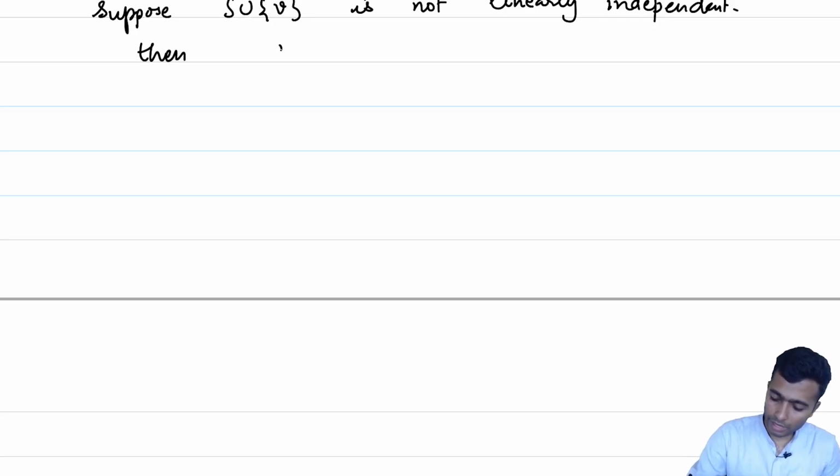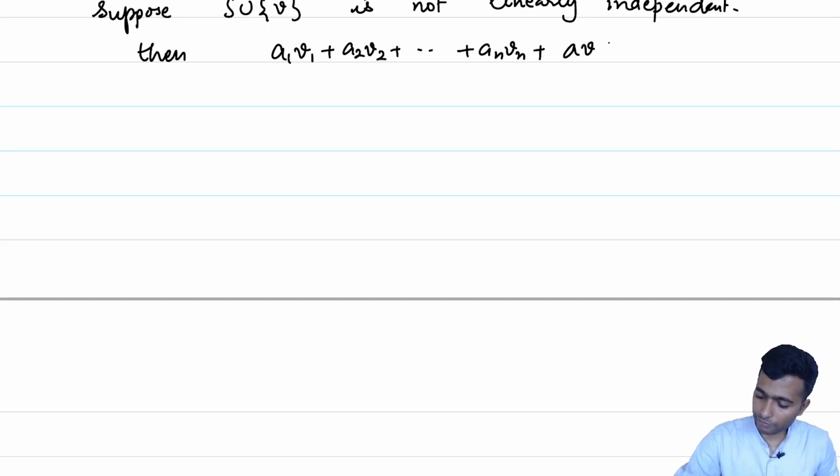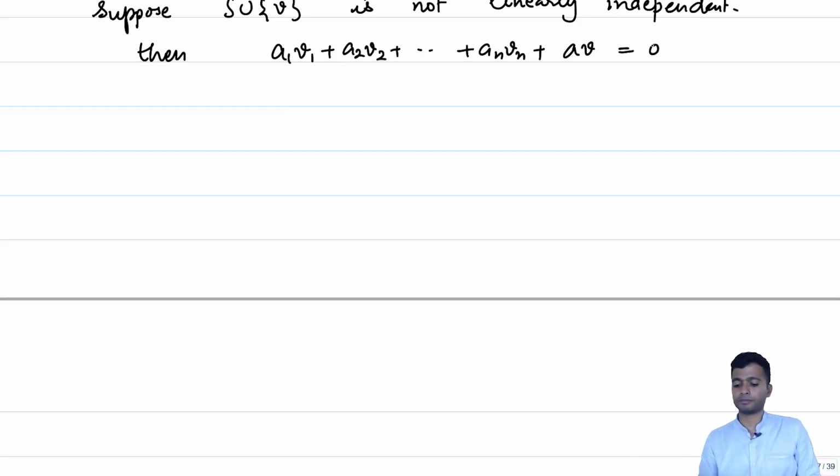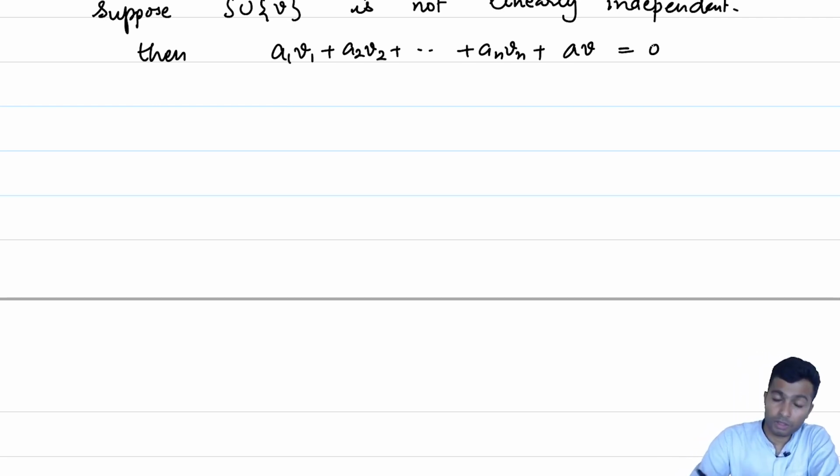Then a1 v1 plus a2 v2 plus up to an vn plus a times v is equal to the 0 vector, where v1, v2 up to vn are not the vector v, they are different vectors. There is some linear combination which is equal to 0 with not all the ai's and a together equal to 0. So, suppose a is equal to 0, let us look at what happens.